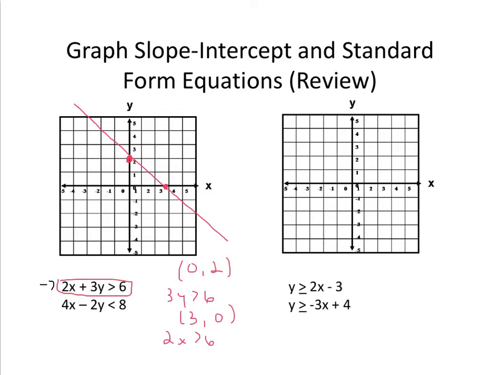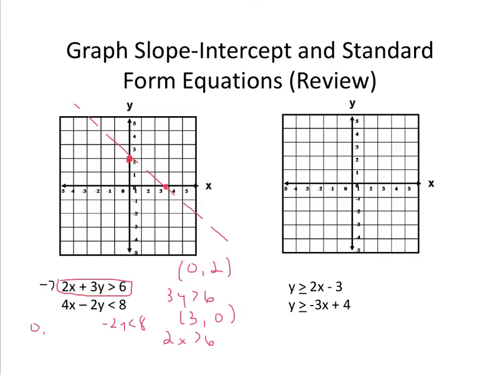Okay, and then the other one, oops, I'm sorry, this should be a dotted line because I just have greater than. Okay, and then to graph the second one, if I set x equal to 0, y would be negative 2y is less than 8.